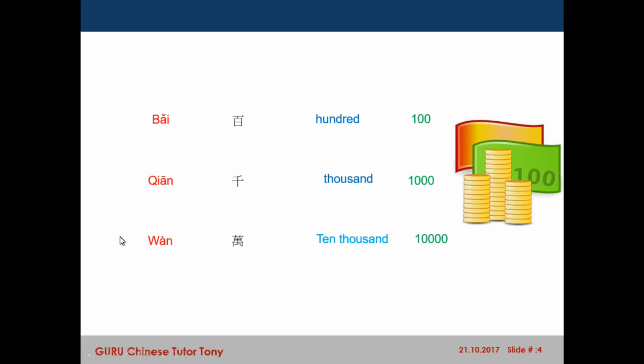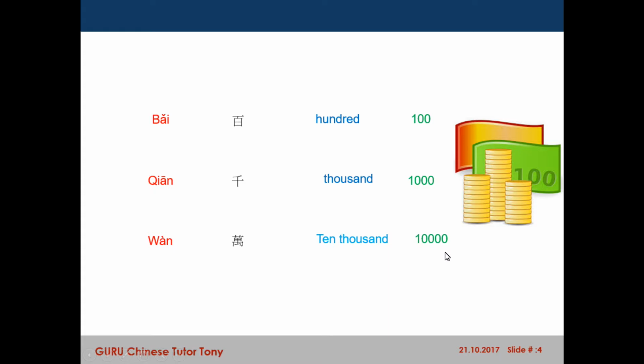I have a lot of students who are confused by 1,000 and 10,000 because they get confused by the zeros. So be careful: 3 zeros, like 1, 2, 3, that is 千, thousand. And if you see 4 zeros, 1, 2, 3, 4, that's 10,000.